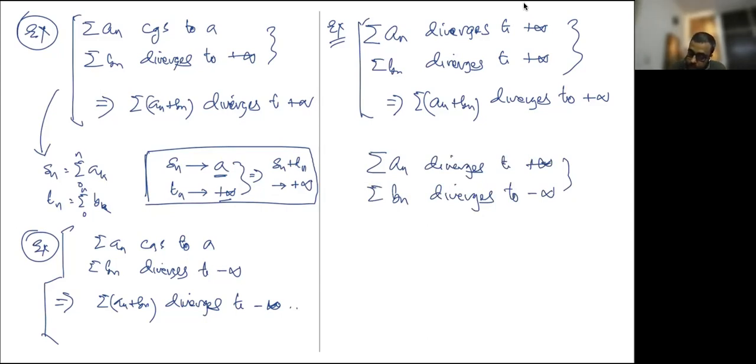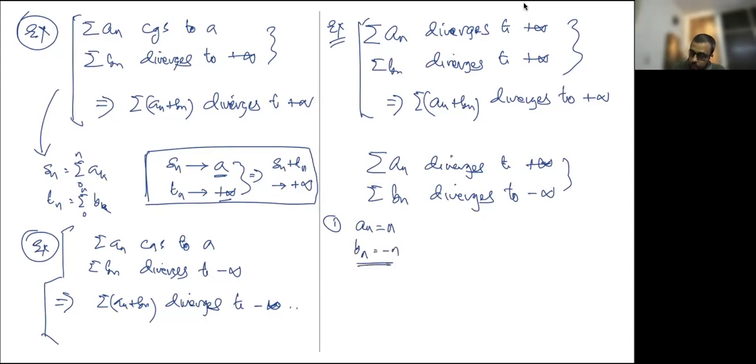And why is that? For that we can just look at some examples. Let's look at this example where a_n is n. This example we have seen, summation n. So here summation n is plus infinity, right? You take b_n to be minus n.